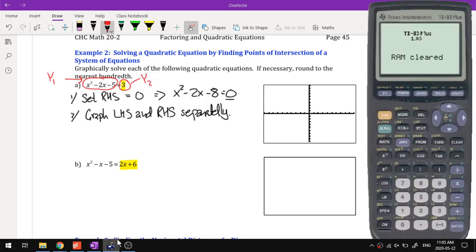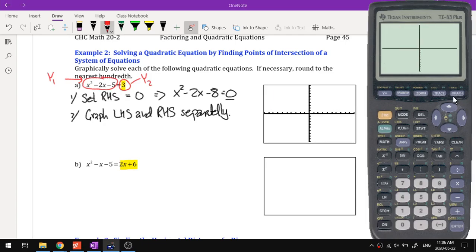If we go to y equals, we can graph several functions. In this approach, y1 is the left-hand side, x squared minus 2x minus 5. That's the left-hand side of the equation. And the right-hand side is y2, which is 3.